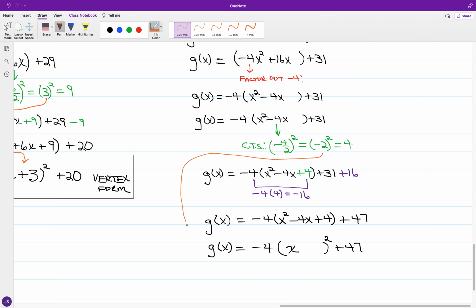And I said that negative 2 would reappear, and so it does. So for the vertex form of this function, we have g of x is equal to negative 4 times the quantity of x minus 2 squared, followed by the addition of 47. Okay, and so that will be that vertex form once again.